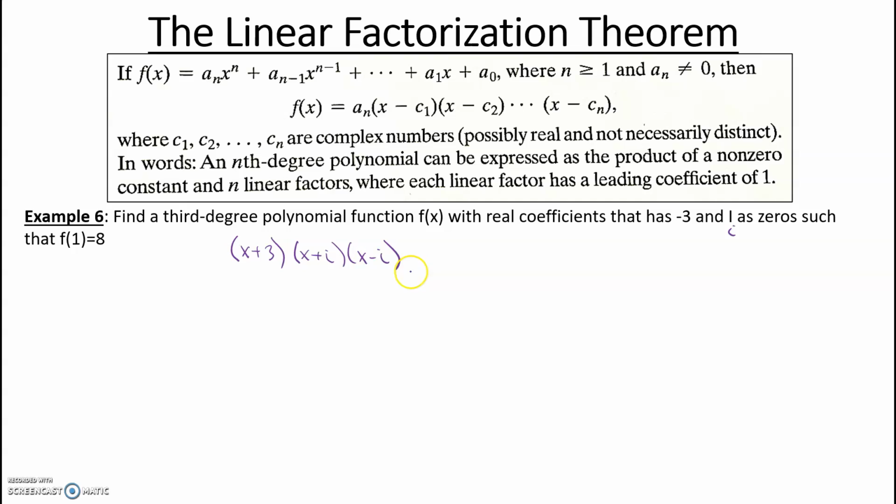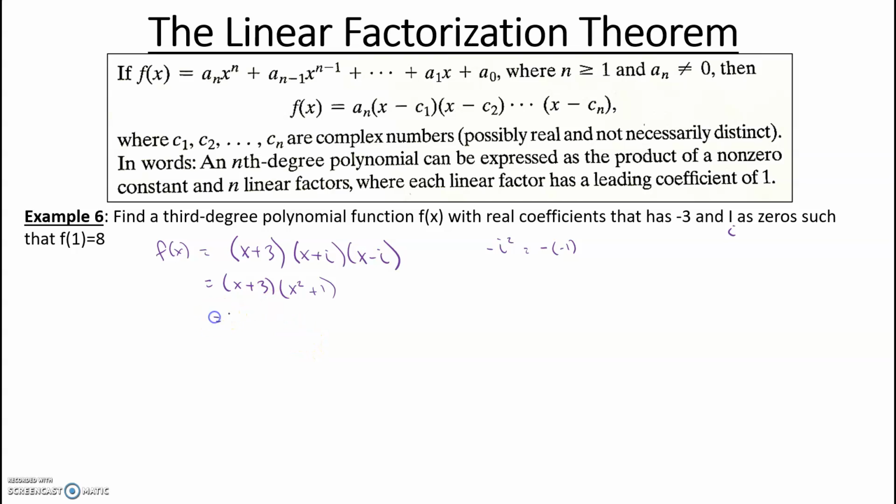All right, so there's your function right now. Now that doesn't look very user-friendly, so we're going to go ahead and distribute everything out. So I'm going to do those conjugates first because they'll be nice. X times x is x squared. And then I times -I is -I squared, which remember, I squared is -1, so really you have the opposite of -1, which is +1.